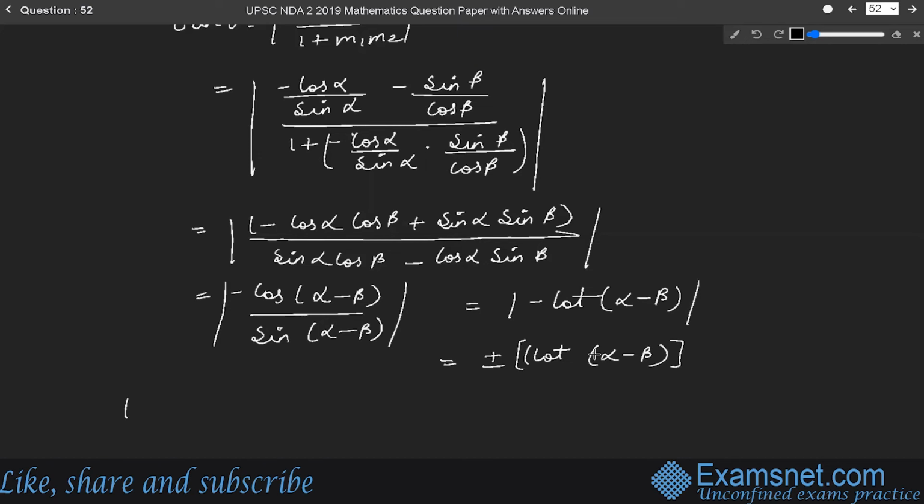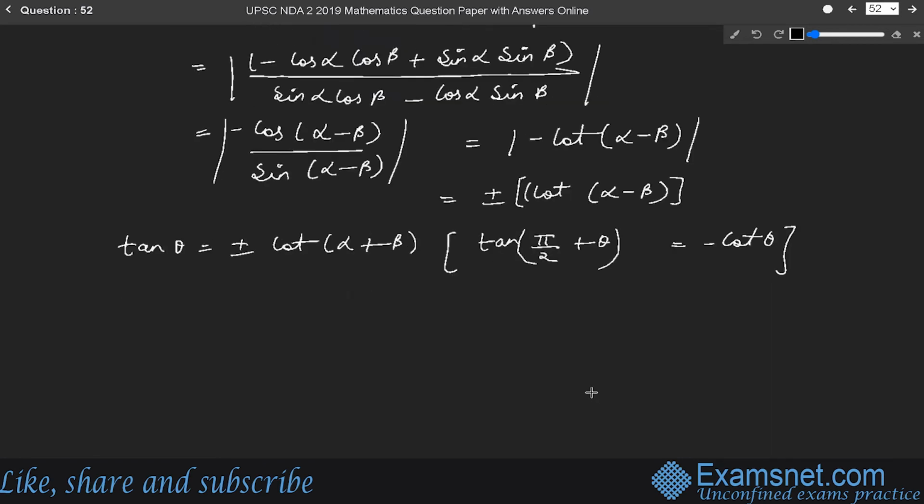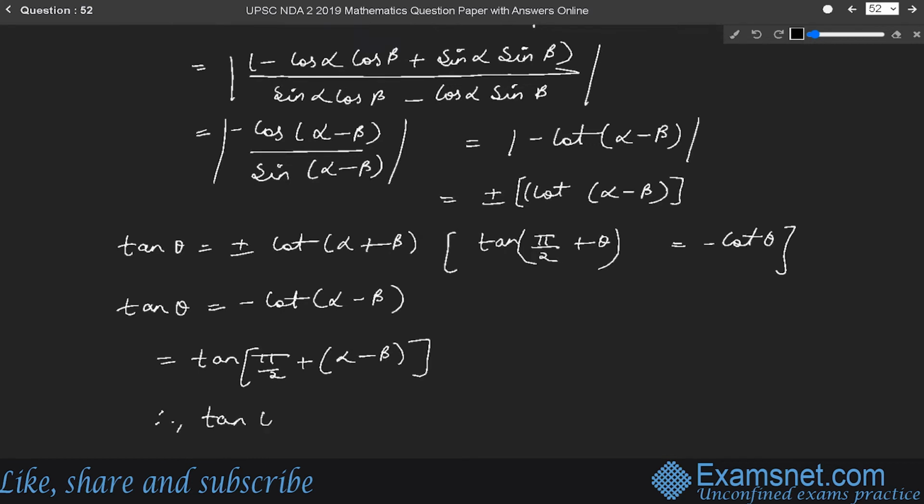We know that tan pi by 2 plus theta is equals to minus of cot theta. Therefore, we can say that tan theta will be equals to minus of cot alpha minus beta, which is equals to tan pi by 2 plus alpha minus beta. Therefore, we can say that tan theta will be equals to tan pi by 2 plus alpha minus beta.